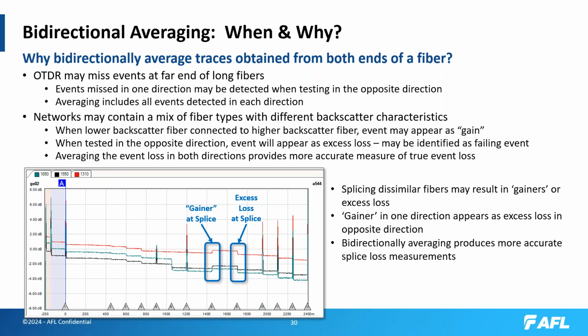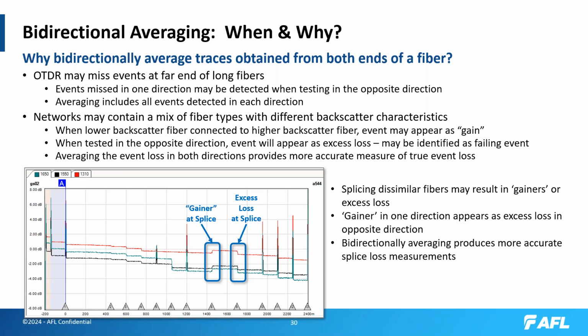That apparent gain that the OTDR sees will be offset by an excess loss at a splice to a fiber that has the same characteristics as your low backscatter fiber. If we test this in one direction, the gainer that we see in one direction will be an excess loss in the opposite direction.